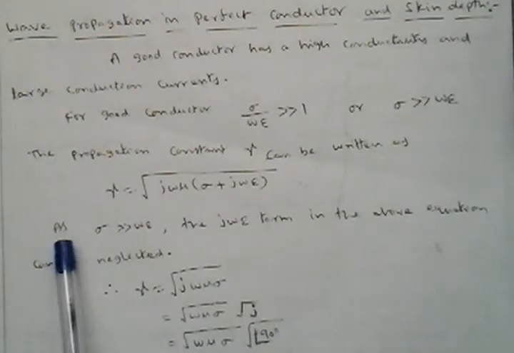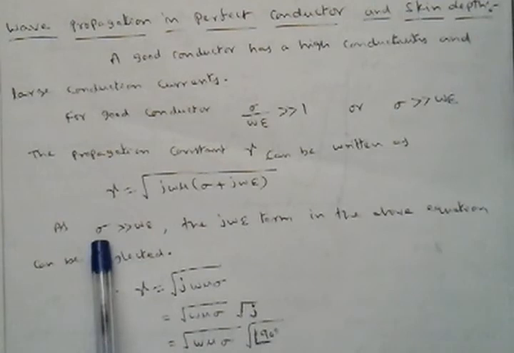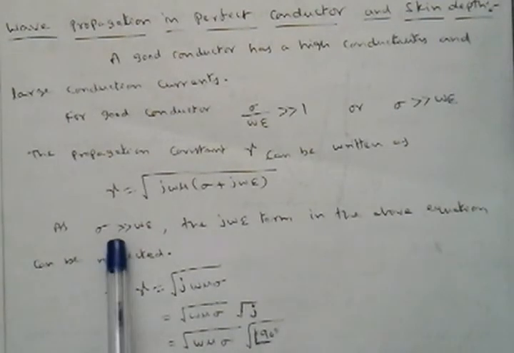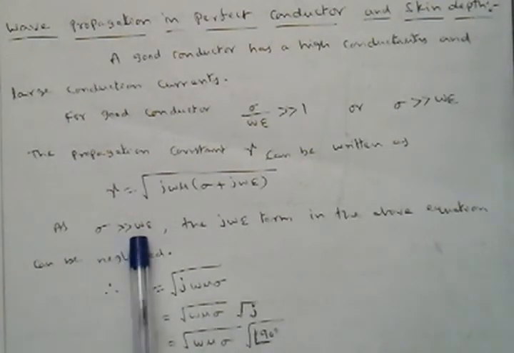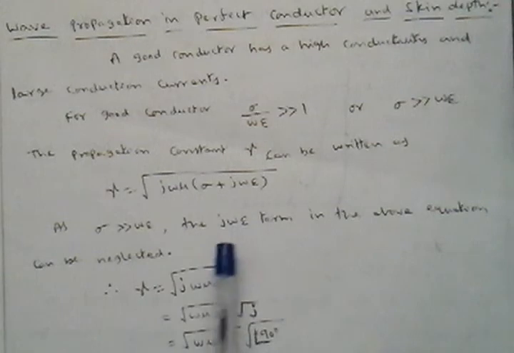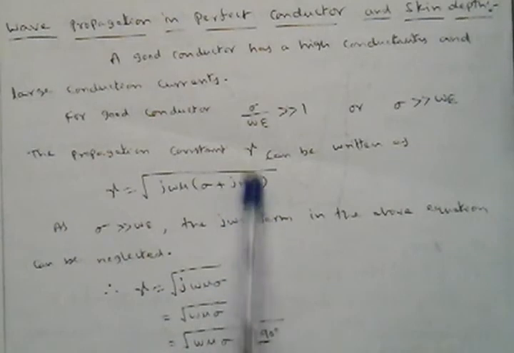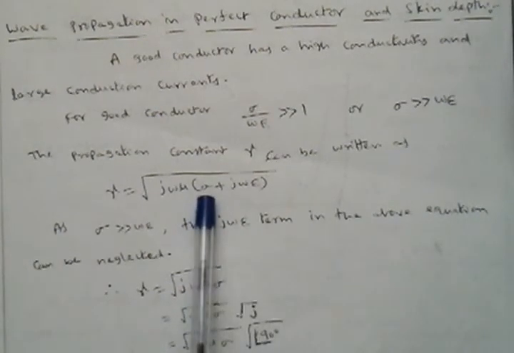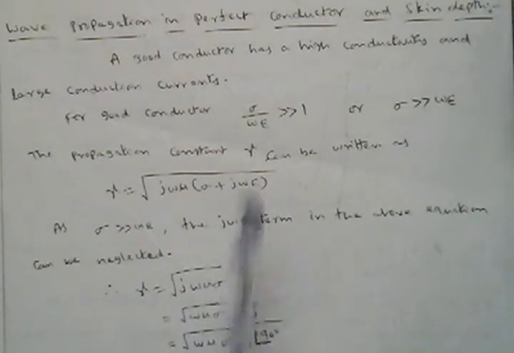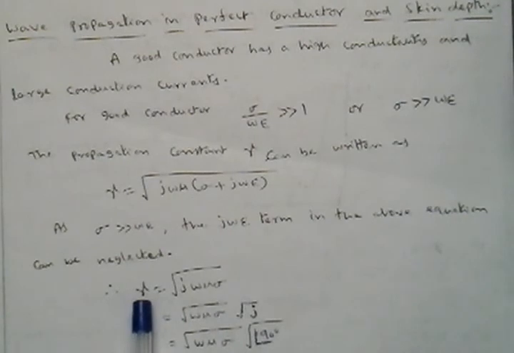For good conductors, the conductivity sigma is always greater than omega epsilon, so the j omega epsilon term can be neglected when compared with sigma. Finally, gamma is equal to square root of j omega mu sigma.